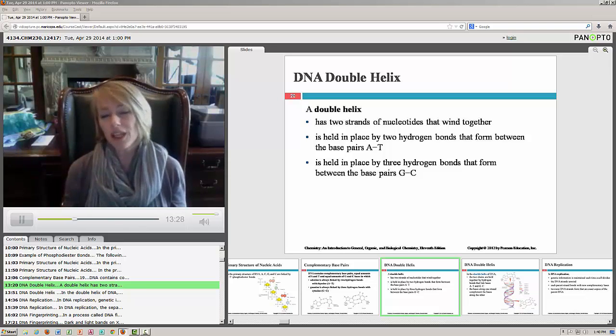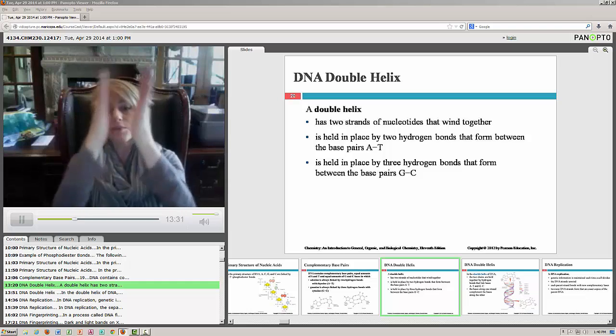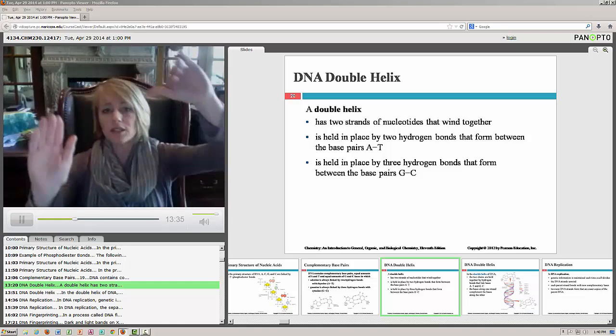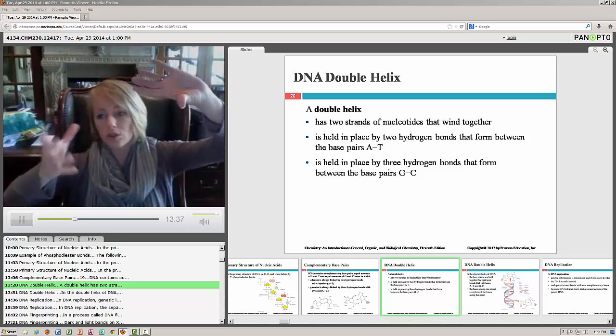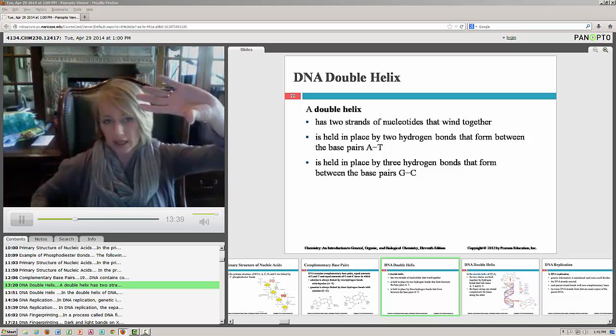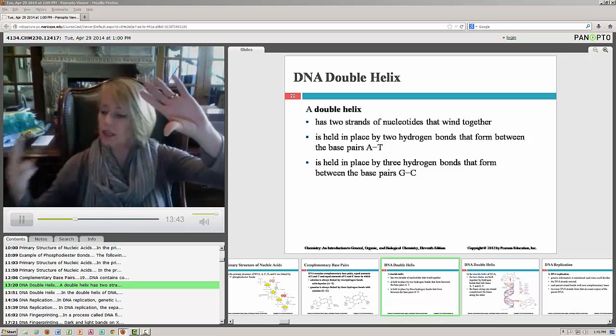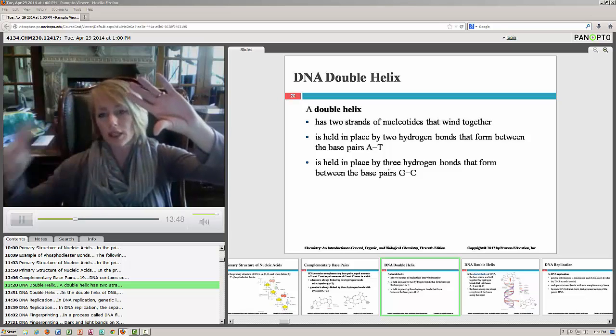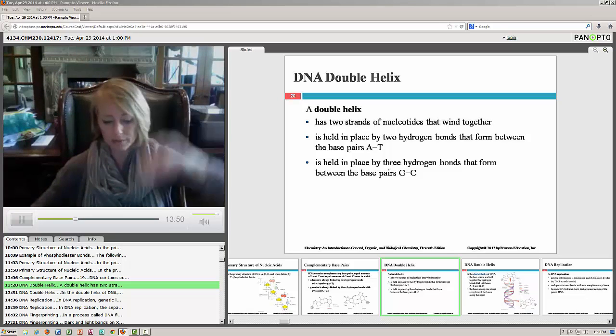It's called a double helix because as the hydrogen bonds come together between the bases, the actual molecule, because of the intermolecular forces, will start to twist around itself just automatically. And so that makes a helical structure. Just like we talked about the alpha helices, we've got the double helix that is very, very similar to that.